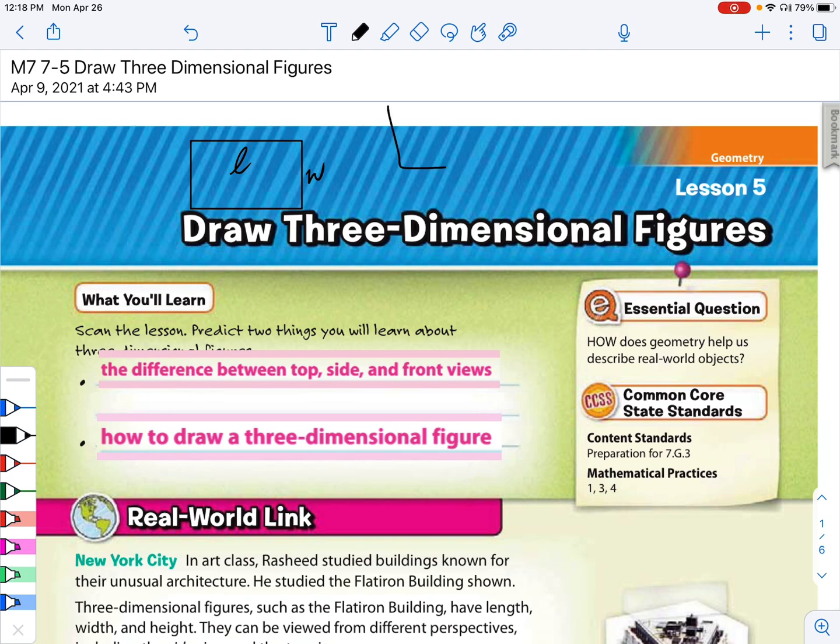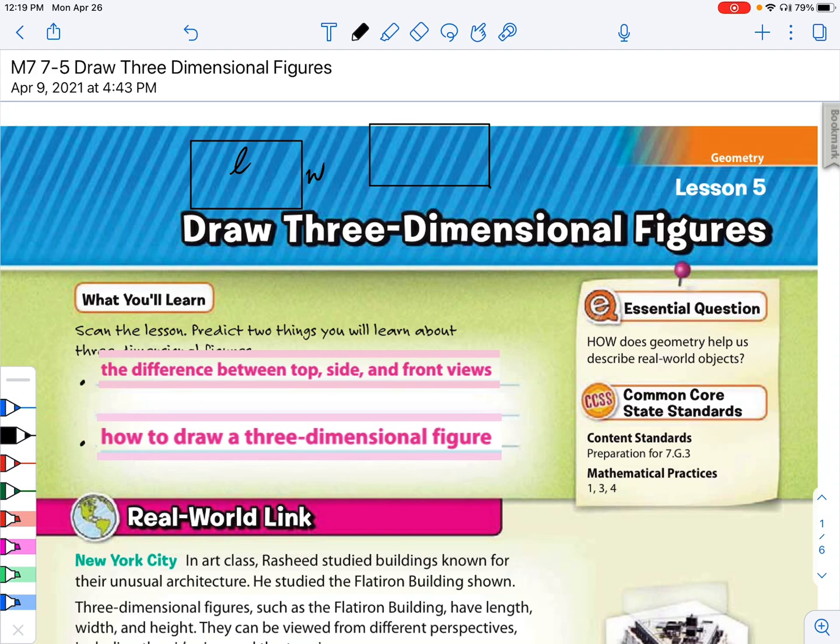But if I am going to draw a three-dimensional figure, what's going to happen is that you're now going to have an extra dimension. Well, that doesn't look really nice. Let me redo that. Okay, so let me try to draw a nice three-dimensional figure.